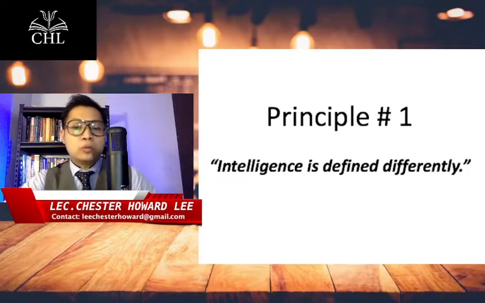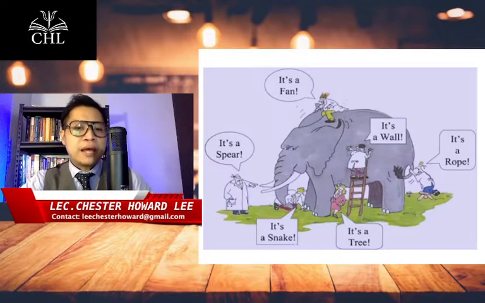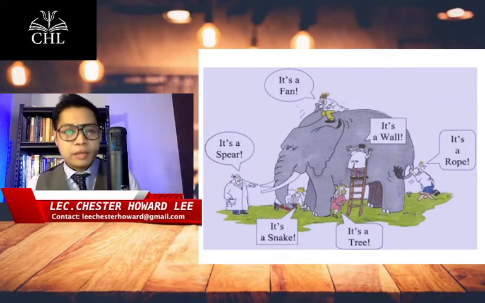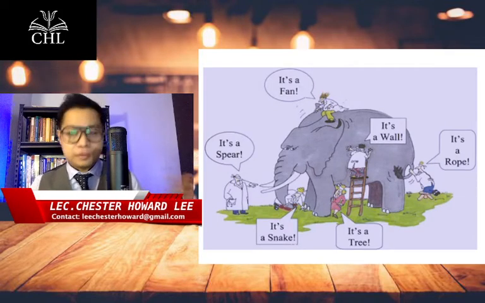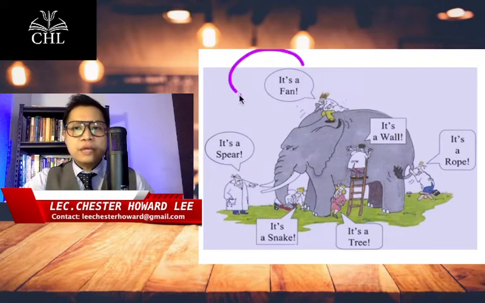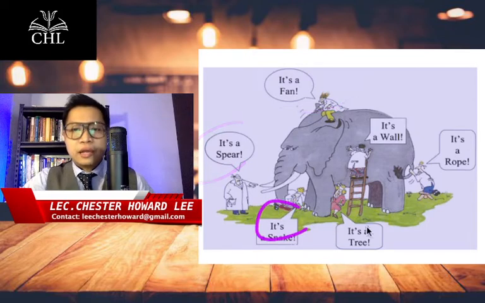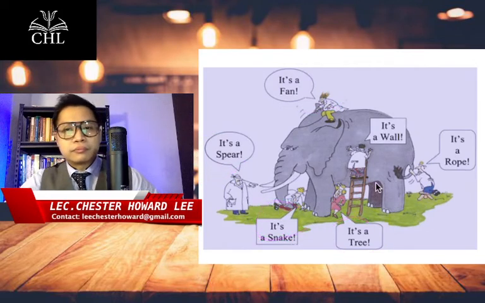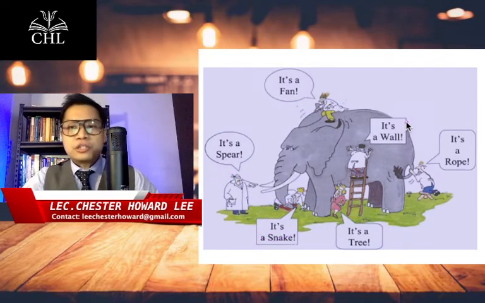In fact, I want to compare this to the analogy of the blind man and the elephant. I'm sure you've heard of this, no? There were blind men and they were trying to describe what is an elephant. The problem is, these blind men were saying different things about the elephant. Sabi nung isa, an elephant is a wall.